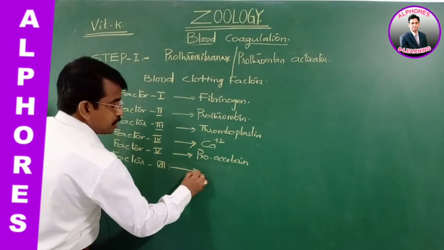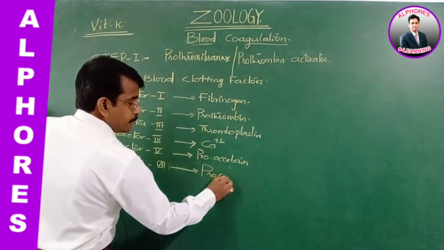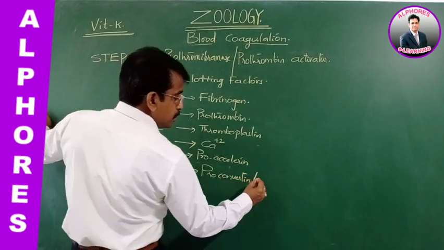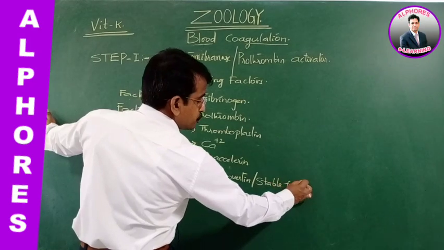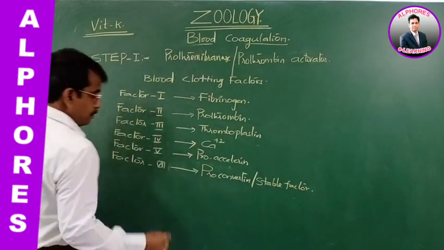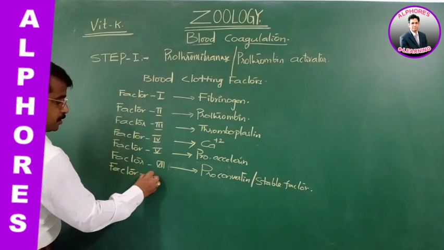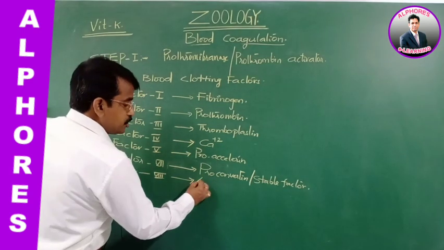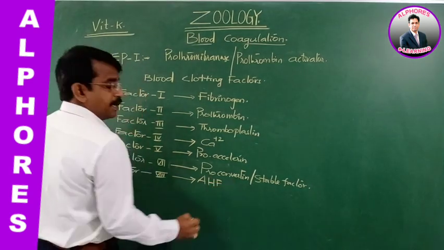Factor 6 is hypothetical, and we go to factor 7. Factor 7 is the proconvertin, or stable factor. Next, factor 8 is the anti-hemophilic factor.